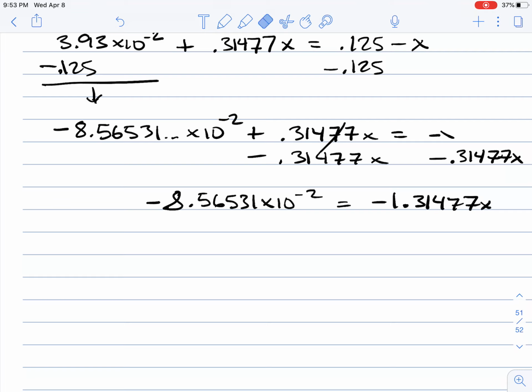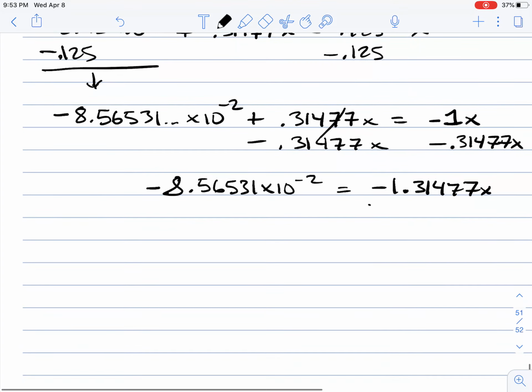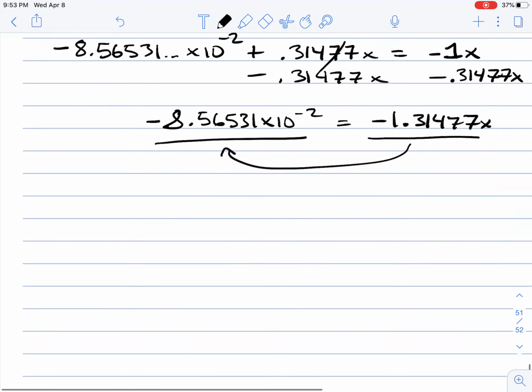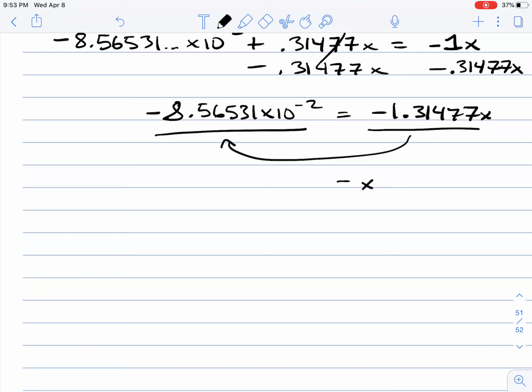So please don't forget that the x can be written as 1x. And so you're going to go ahead and divide this to the other side. And so therefore x is going to equal 6.51468 times 10 to the negative 2.